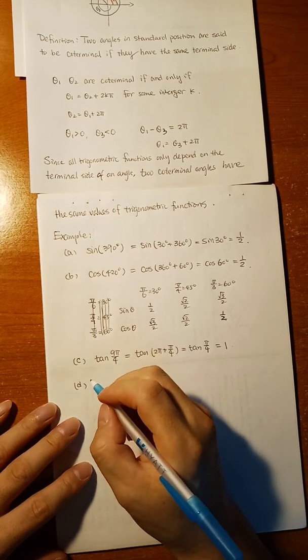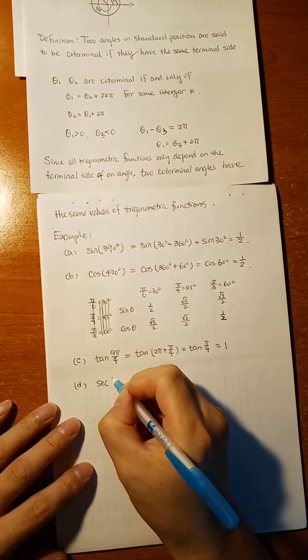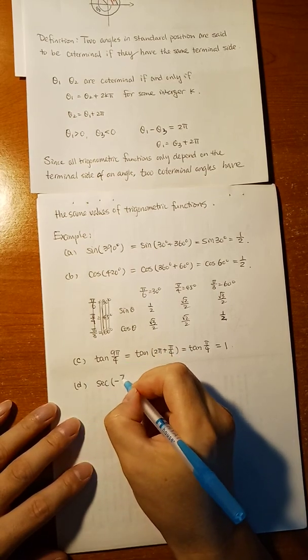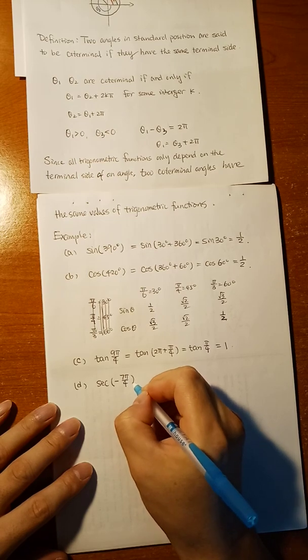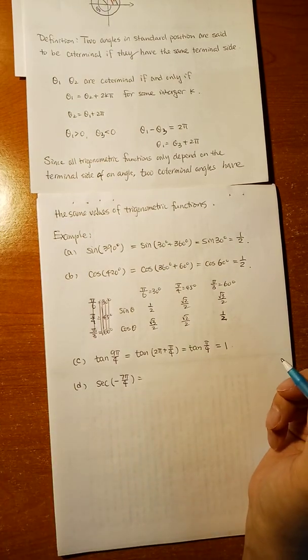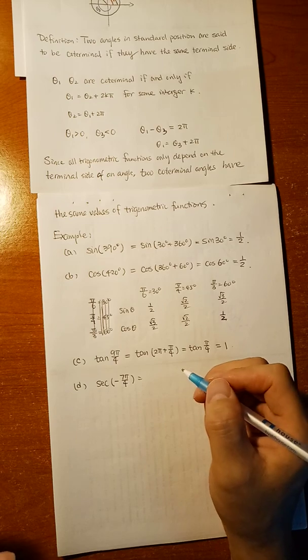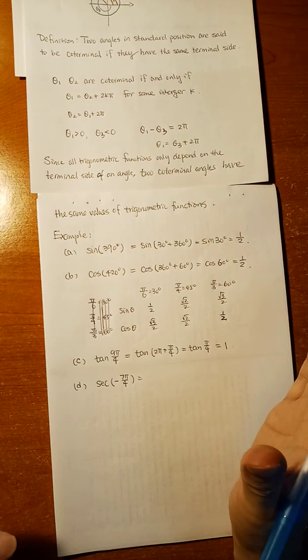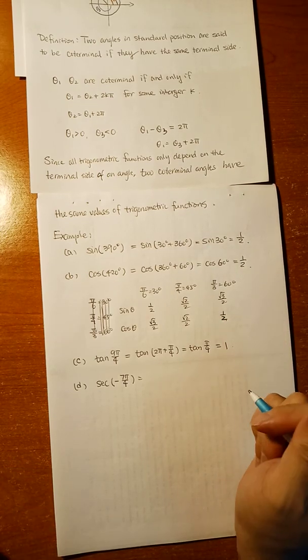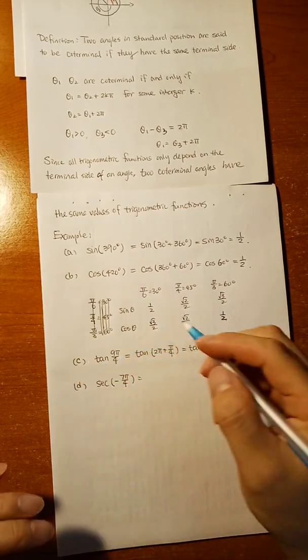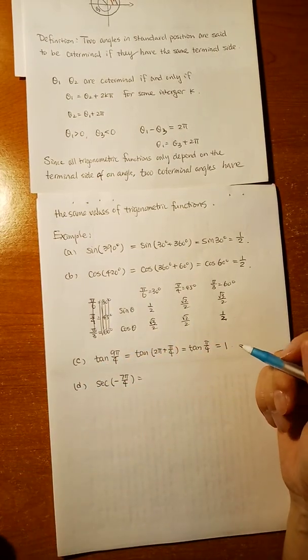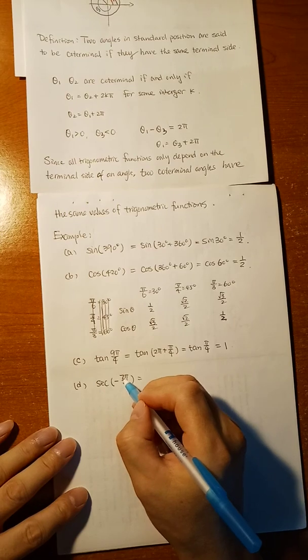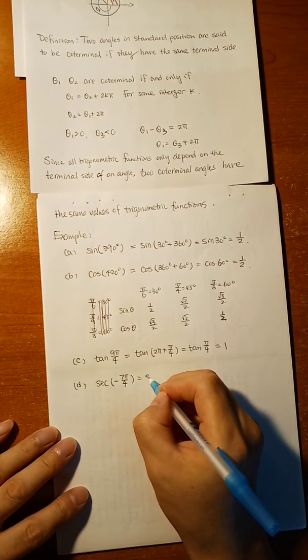D. Secant of negative 7 pi over 4. Well, we like a positive angle. I mean, at least I like positive angles. I don't like negative angles. With the negative sign, it just gives us trouble. Okay, so let's add 2 pi.